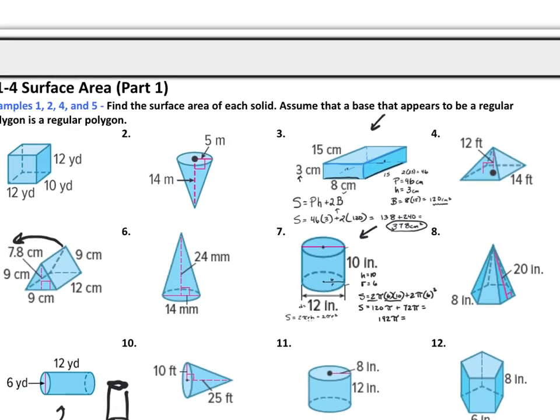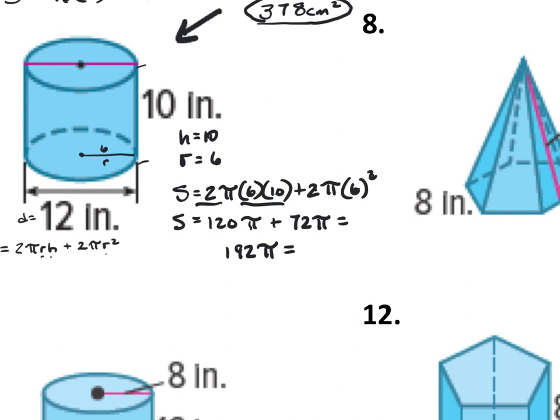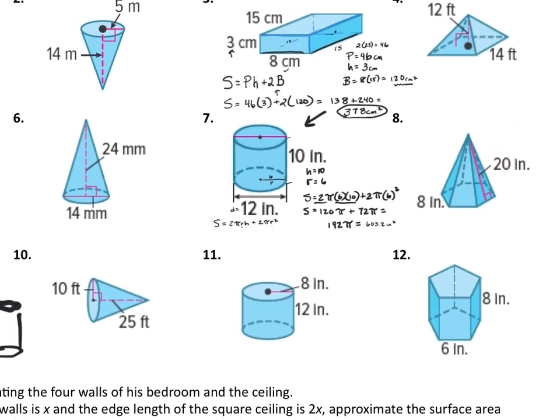Now, in the directions, it did ask me to give the values, so we want to simplify that. We want to multiply that out from pi. And doing that, you should end up in the calculator with 603.18, rounded to 603.2 inches squared. And that is how I would calculate the surface area of that cylinder.